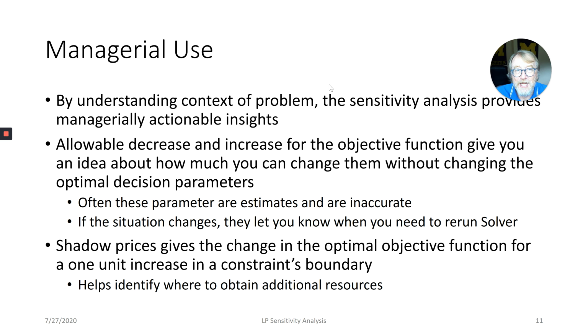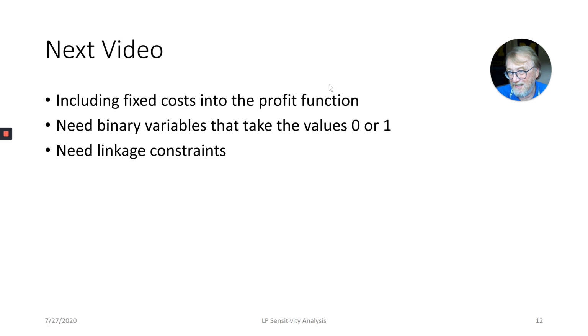How much can you change the contribution and still have the same result coming in? And then also the shadow price. If you start adding resources, how does that change the value of your objective function? Okay. All right, great. I hope you enjoyed this video. I hope you got something out of it.